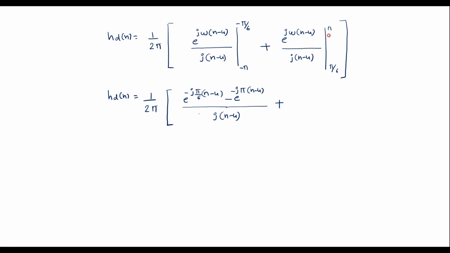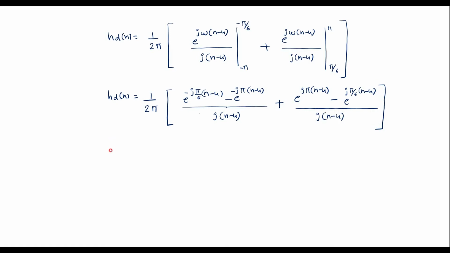plus similarly apply the limit here, omega is the variable, that is e power j pi times n minus 4 minus e power j pi by 6 times n minus 4 divided by j times n minus 4.